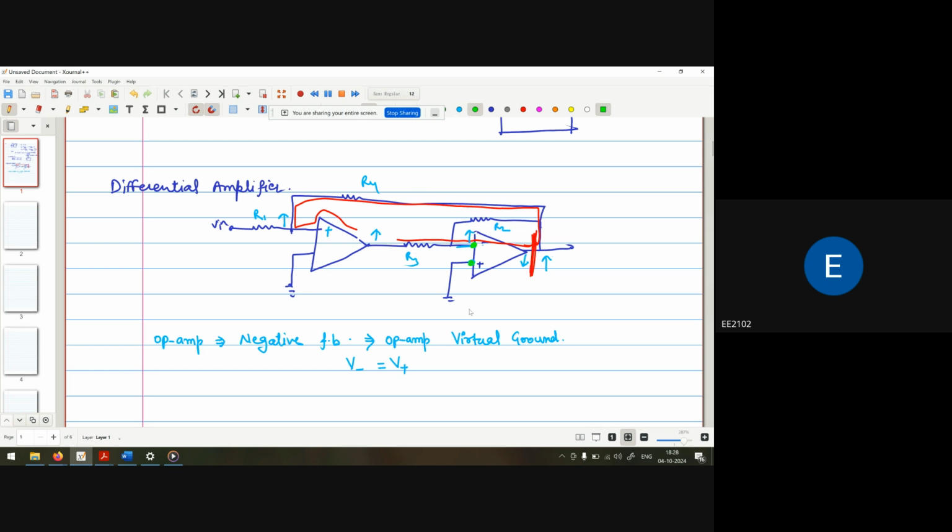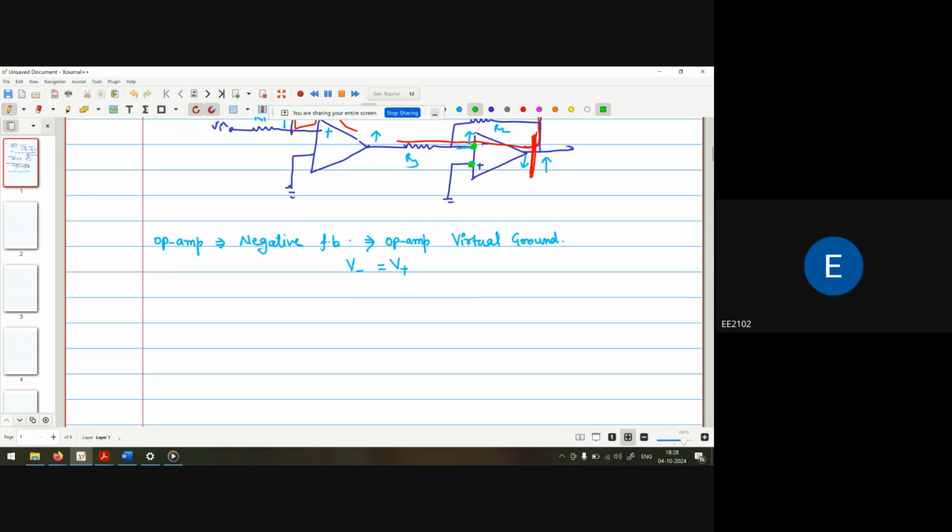Now, if I am talking about the operational amplifier, this is the V1 voltage, this is the V2 voltage. The drop across this is V1 minus V2. The drop across this resistor produces a current in the operational amplifier, and the current value is A times (V1 minus V2).